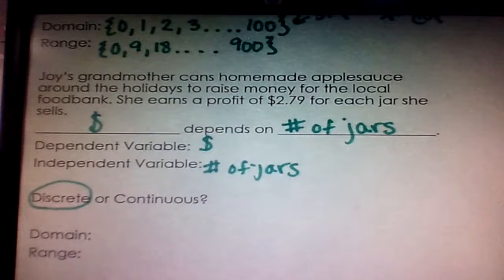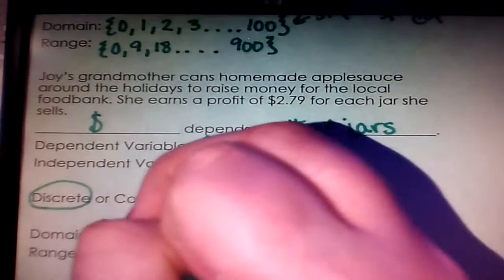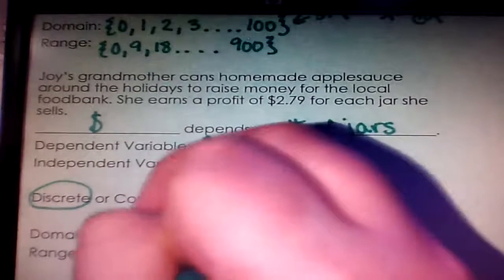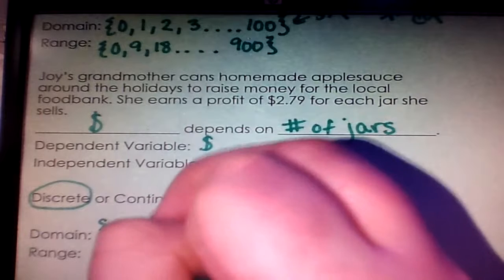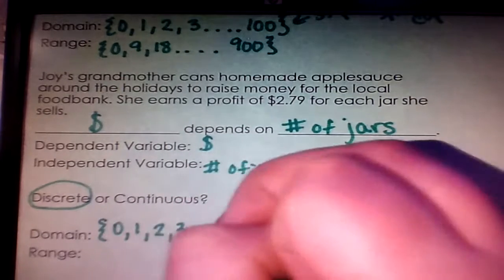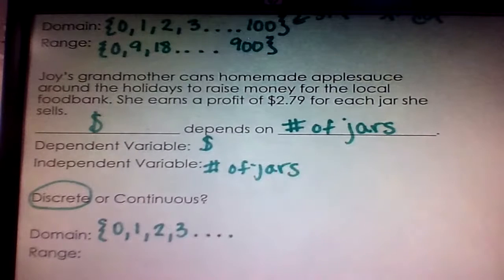Okay, so how low can my domain go? My domain's the number of jars I'm selling. 0. I can sell 0 jars. 1 jar, 2 jars, 3 jars. When does my domain stop? When she runs out of gas and she stops making applesauce.